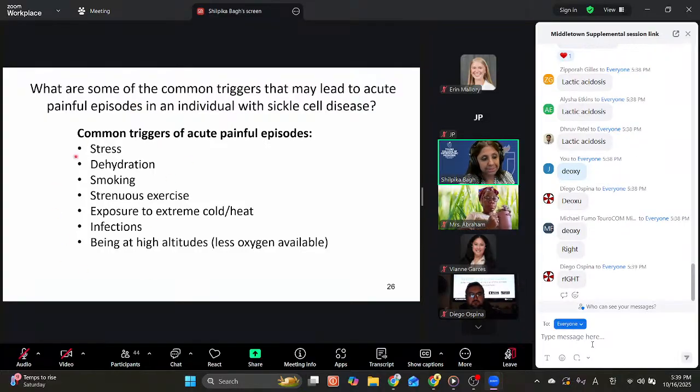So I'm not saying stress is not a cause, but in Jasmine, the cause was alcohol ingestion, dehydration, and increased viscosity, which is the second one, right?